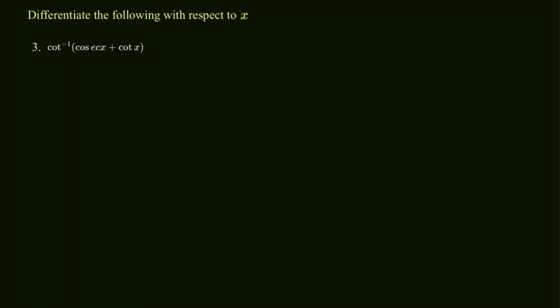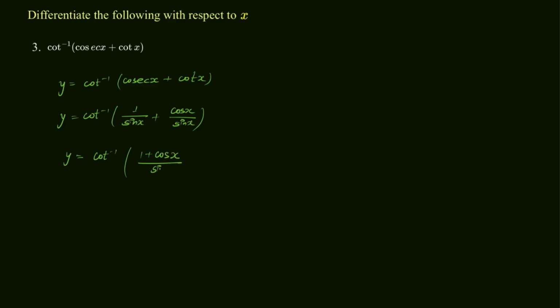Question number 3. Let y equals cot inverse of cosec x plus cot x. So cosec can be written as 1 over sin, plus cot can be written as cos over sin, and simplifying the fraction inside, then we will have 1 plus cos x by sin x. Now this is the question which we had done in question number 1.